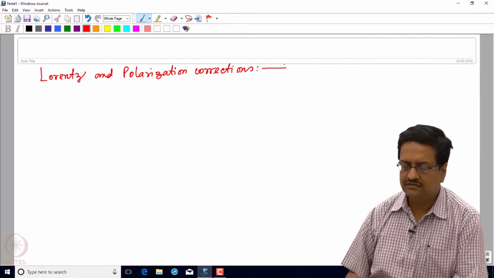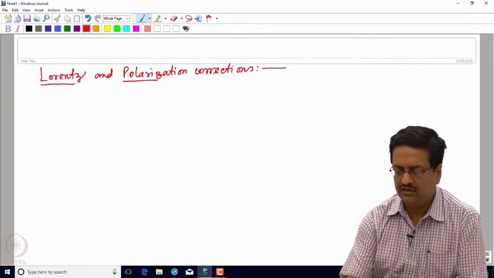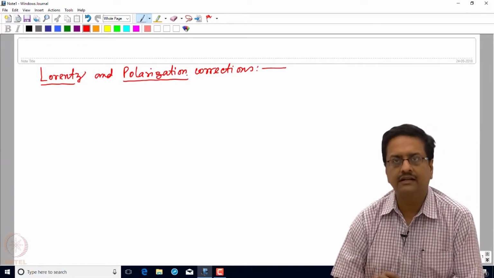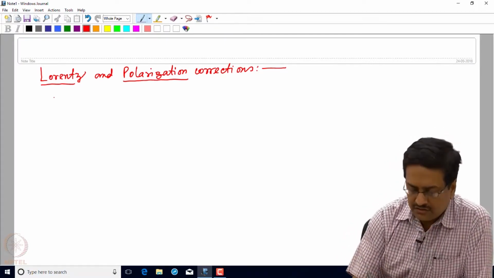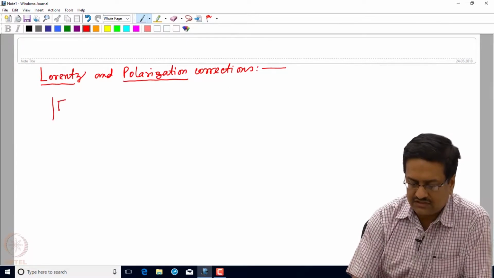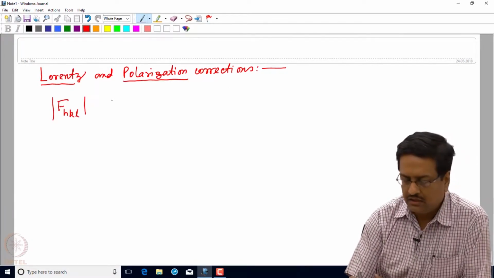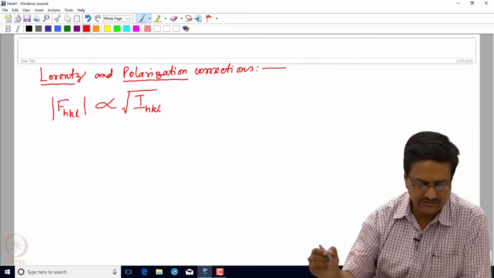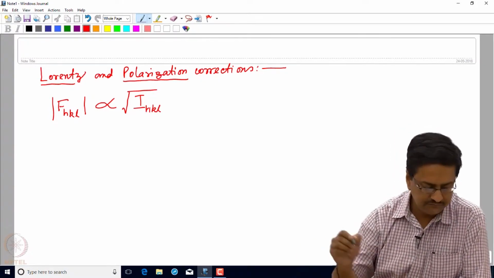These two corrections are simultaneously applied on each and every data collection, and then the corrected intensities are extracted. So as we know, the modulus of structure factor for every reflection, FHKL, is proportional to the square root of IHKL, that is the intensity that is observed.